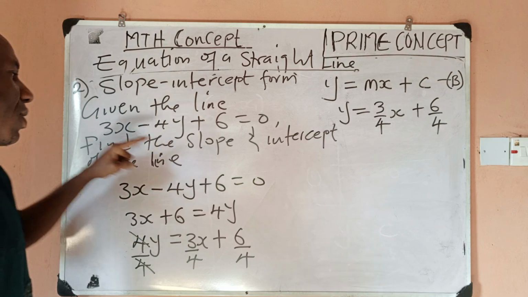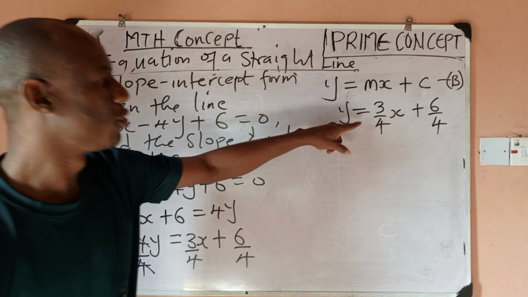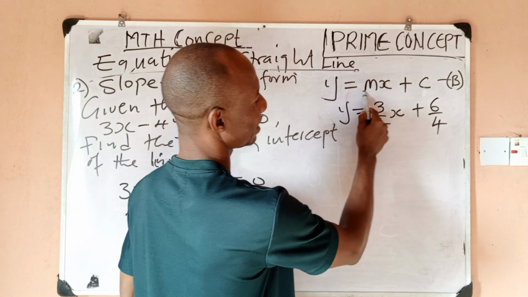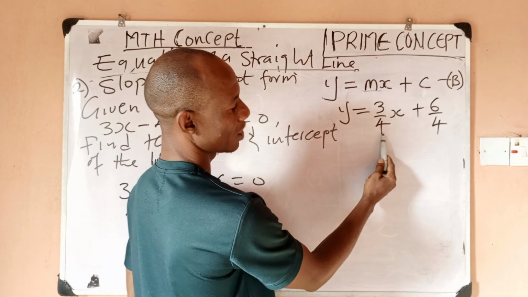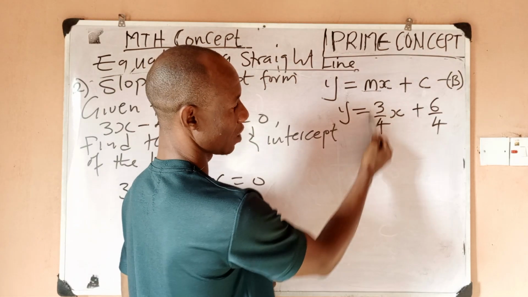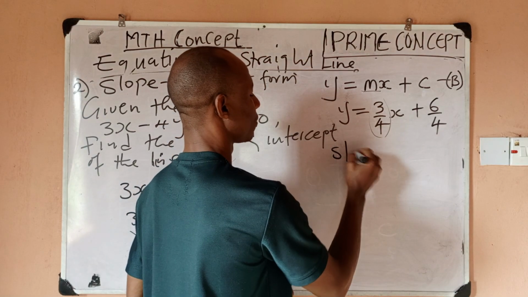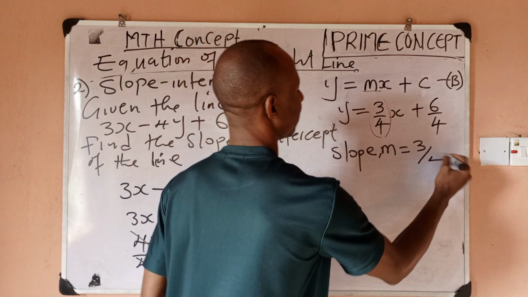Now remember, the question says find the slope and intercept. Now if you compare these two equations, you would notice that since m represents your slope, which is attached to x, the quantity attached to x in this case is what? 3 over 4. So it means that our slope m is going to be 3 over 4.